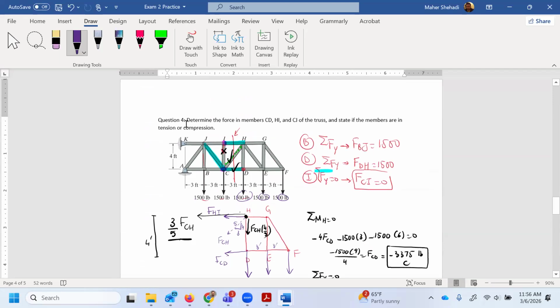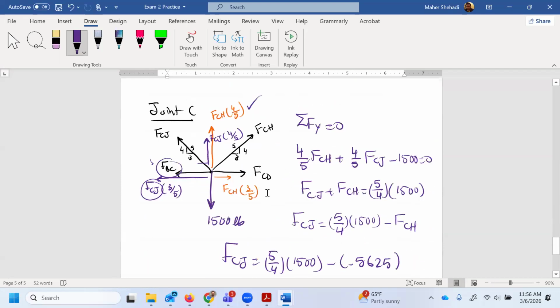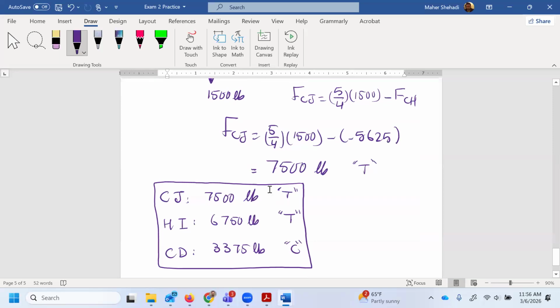If you want to analyze it, you're welcome to, but some people try to analyze what's happening here to the sections. Both CJ and HI are under tension, so they're pulling on the joints, and the members are under tension.